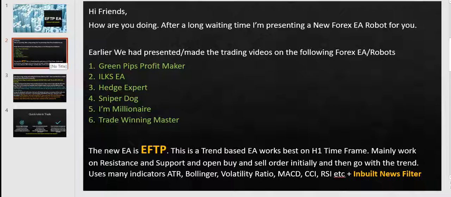So a couple of people ask me what happens when such news is coming. Generally, I don't give specific thought to the news filter or the news, because once a trend is confirmed, most of the robots work accordingly, right? But this is an additional thing with this robot, that it has an inbuilt news filter.